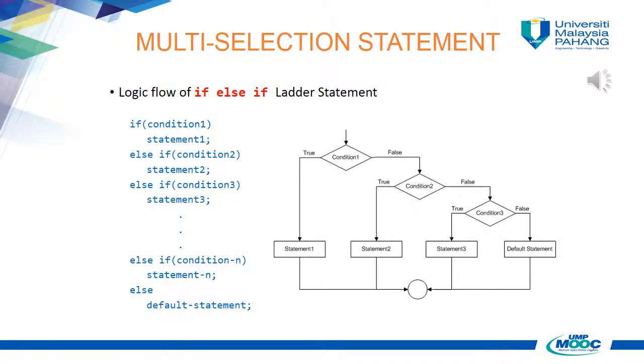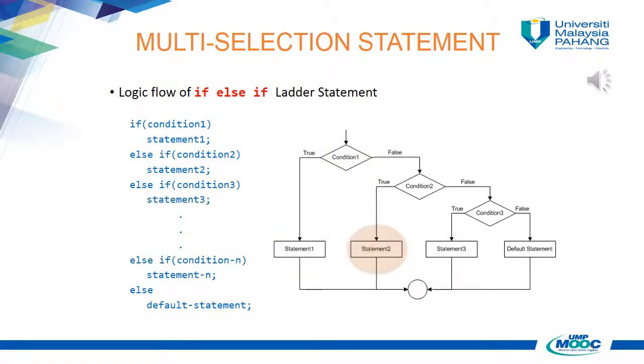This is another example of a nested if-else statement. It is sometimes called the if-else if ladder statement. It is useful especially when we have different test conditions with different statements. 1. Statement 1 will only execute if condition 1 is true. 2.